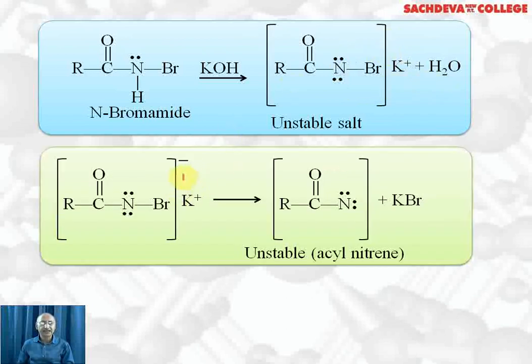This negatively charged ion undergoes bond cleavage, that is, K positive will take up Br negative and KBr is formed, and we get nitrogen here which has two lone pairs of electrons. The shared pair of electrons has been taken by bromide ion, and Br negative has combined with K positive to give KBr. Now this unstable acyl nitrene does not have any charge because the negative charge has been taken by bromide ion.